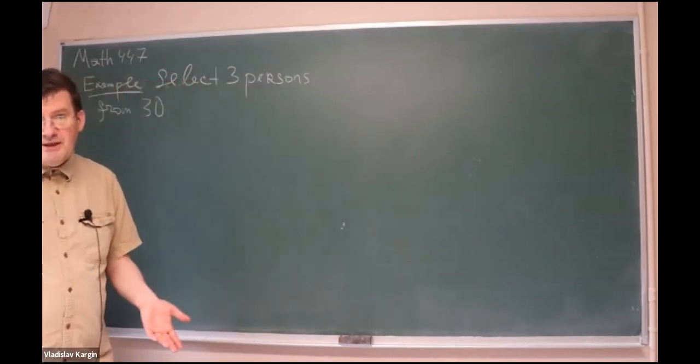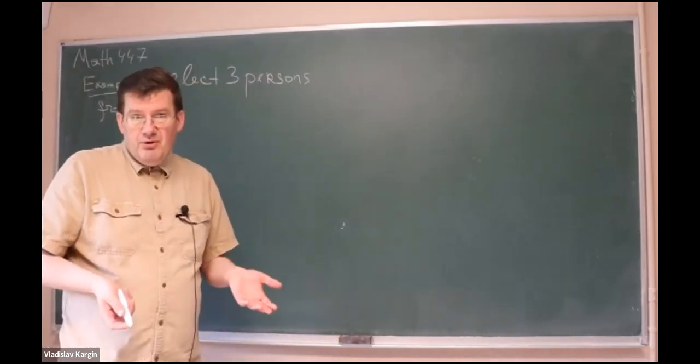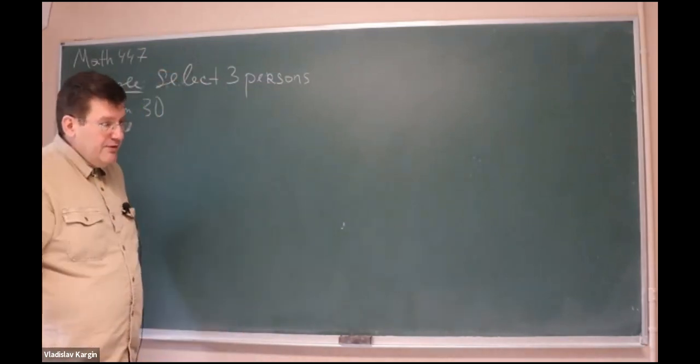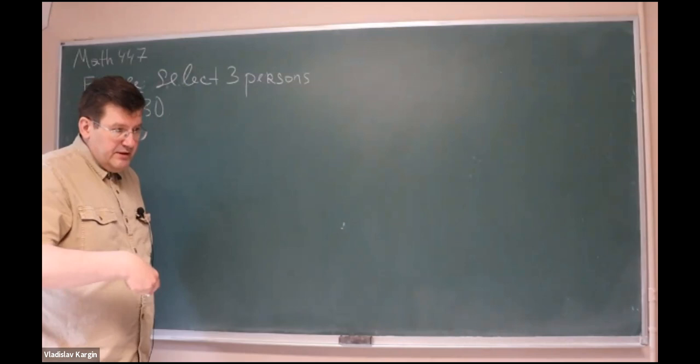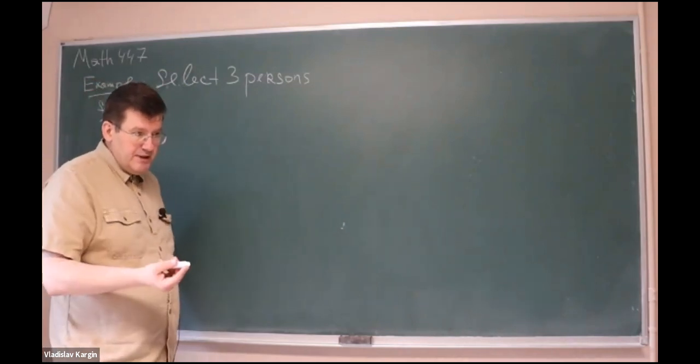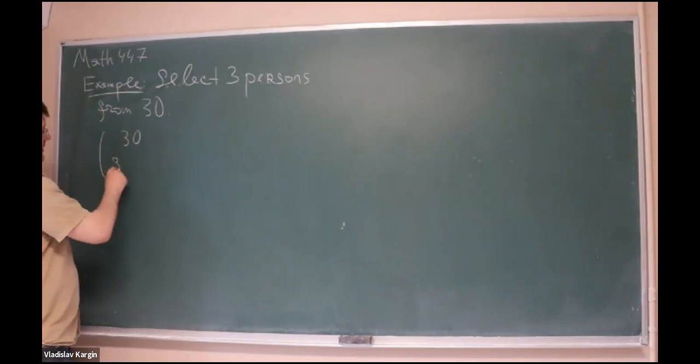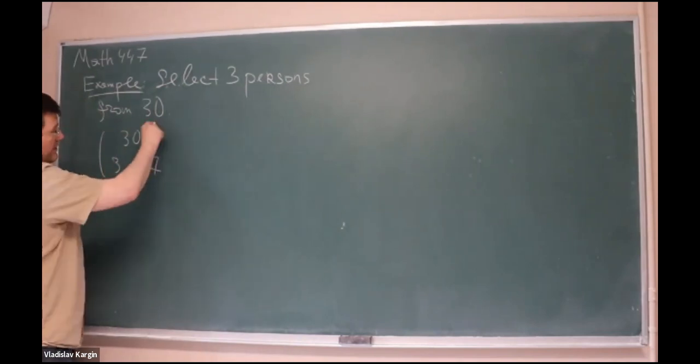So the answer will be, in principle, a multinomial coefficient with groups of 3 and 27. So in principle, the answer would be (30; 3, 27).